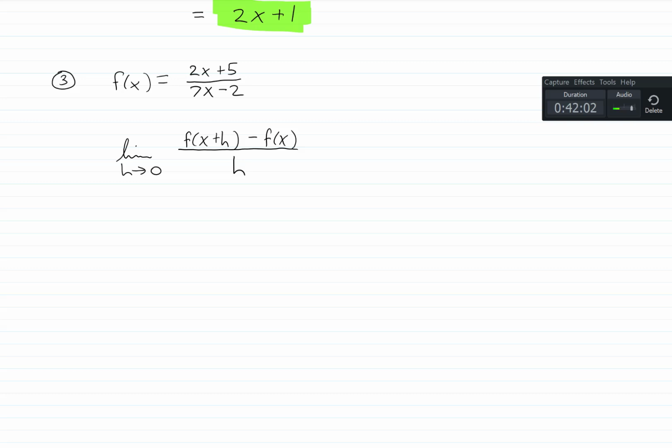It's just that because the function is a little bit more complicated than the previous two functions, the algebra will just be more complicated. But again, it's just algebra. Okay? So let's start by writing down what we have to work with.